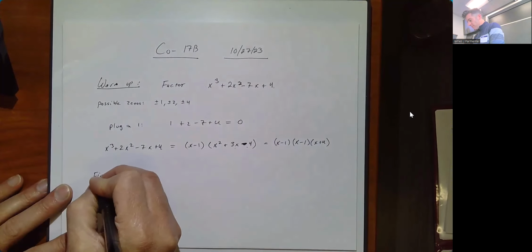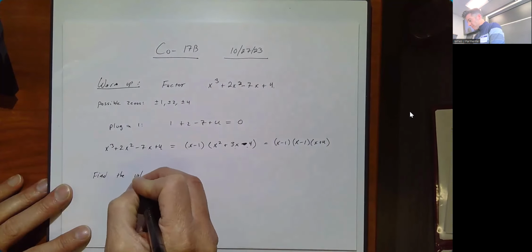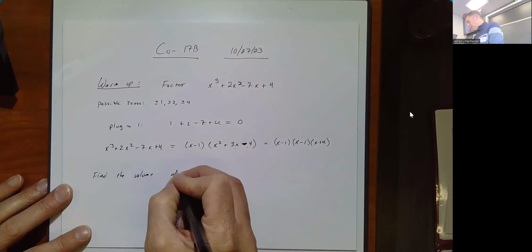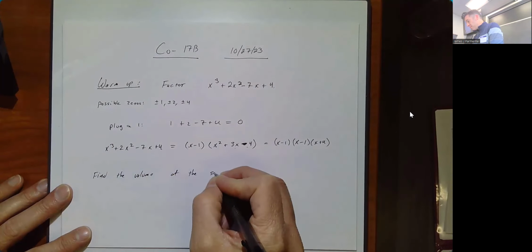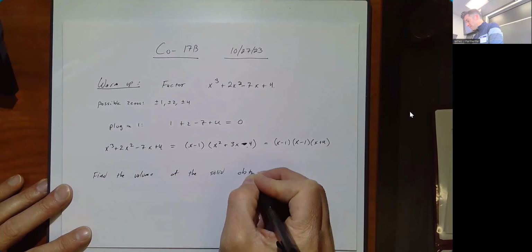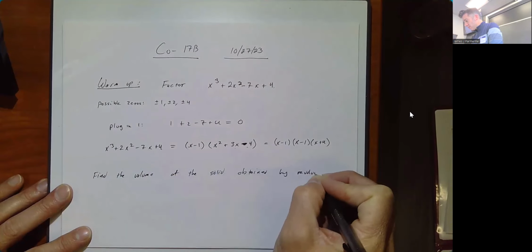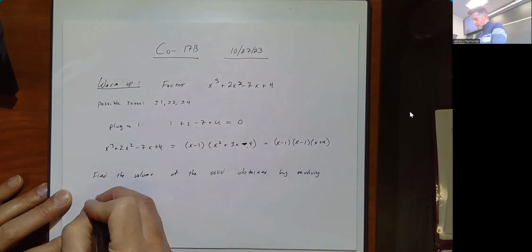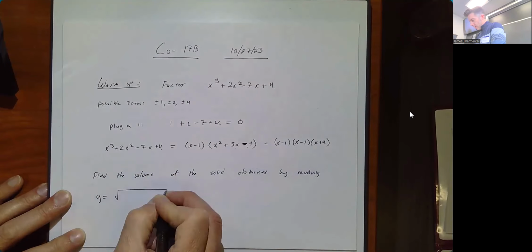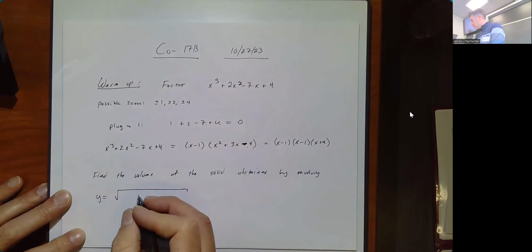Find the volume of the solid obtained by revolving y equal to the square root of some gross thing. What have I got here?